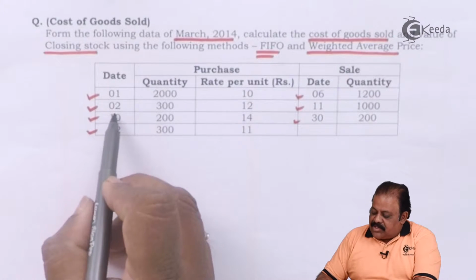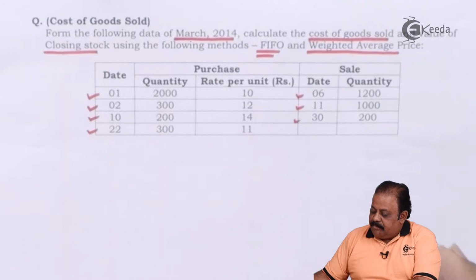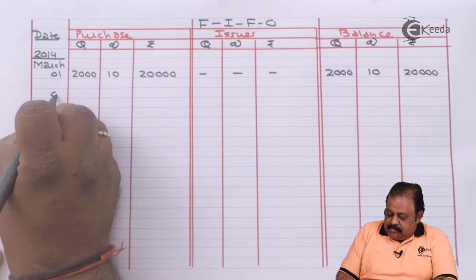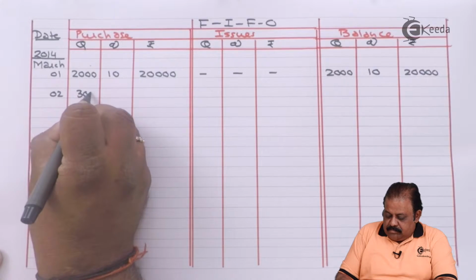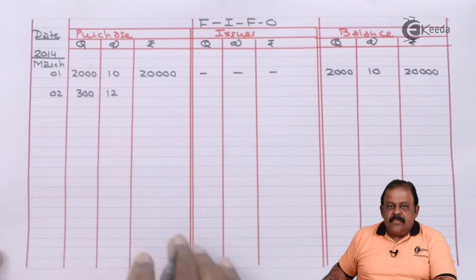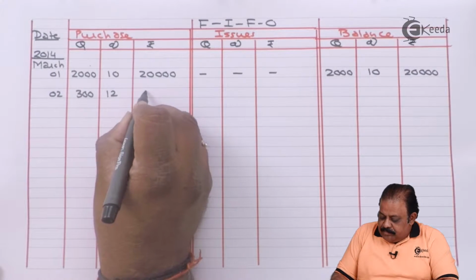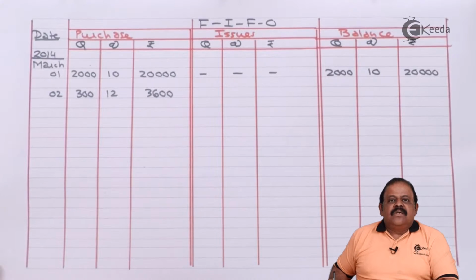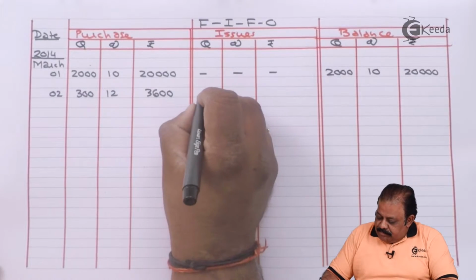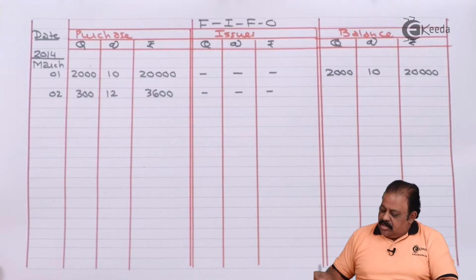Again on 2nd March there is a purchase of 300 units at the rate of 12, value 3600. Now we are required to record closing stock.